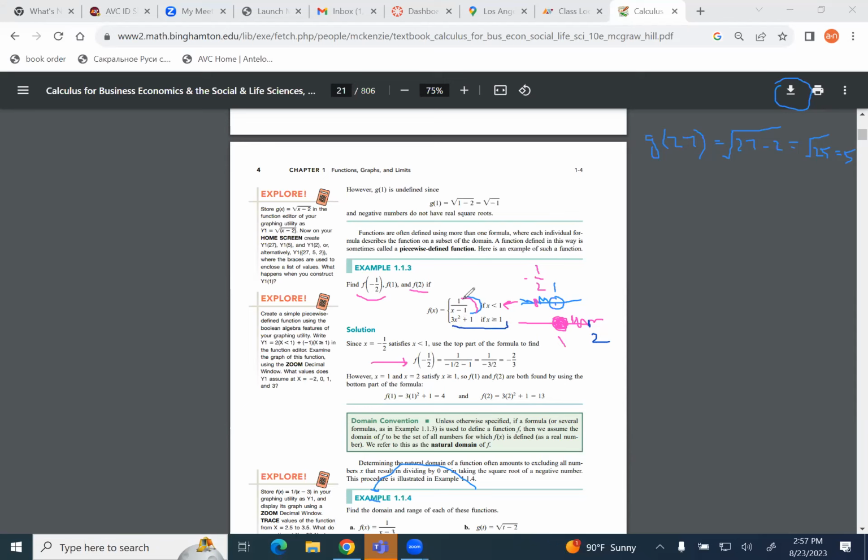I don't touch the first because the first is for numbers less than 1, but if it's greater than 1, and 2 is greater than 1, isn't it? Well, then we use that second piece, and whatever comes out, they work out and get the number 13 here.